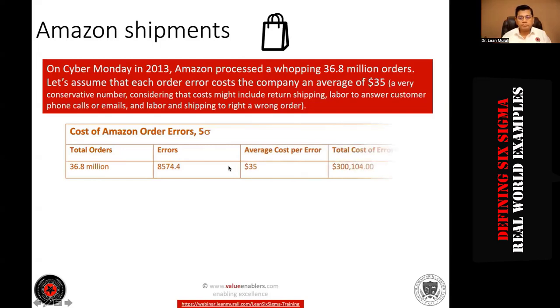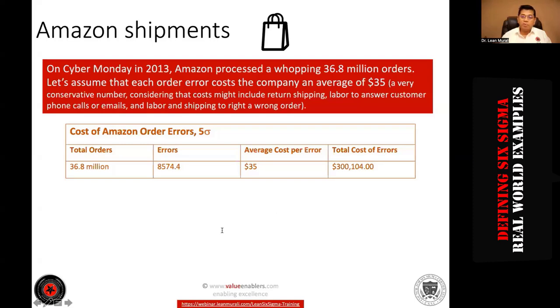Now, when they process this 36.8 million, the errors are 8574 errors at a 5 sigma level. And with $35, it is about $300K.